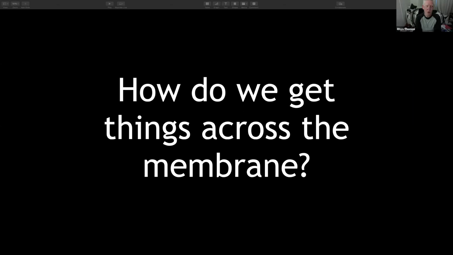Yeah, that's right. So there's this other broad category. While there are some things that can just get across by diffusion, because they're lipid soluble enough to do that without any need of a transporter or protein, there's another category called facilitated diffusion. It's molecules that are still moving down a concentration gradient or an electrochemical gradient, but they can't get across the membrane by themselves, or we don't want them to.